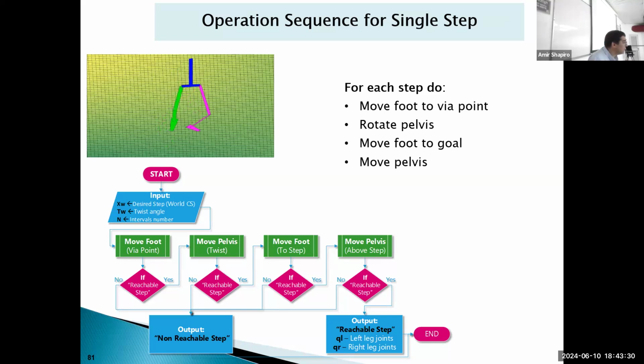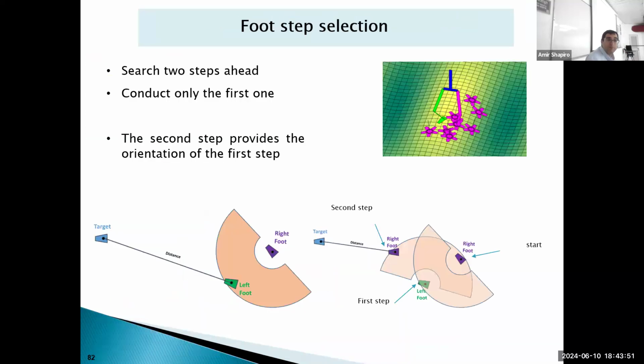This is what humans are doing, but elderly not so much, not turning their body. Move the foot to the goal and then move the pelvis forward to maintain the center of mass above the support polygon. This is the idea.